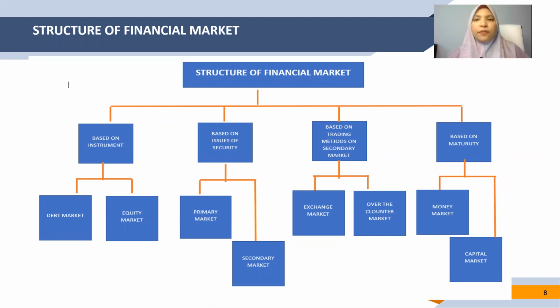And then we have the third one, where the financial market is classified based on the trading method in the secondary market. The secondary market can be classified into two, which is the exchange market, for example Bursa Malaysia and the New York Stock Exchange, and also the over-the-counter market. For the exchange market, we can trade because it is a centralized market.